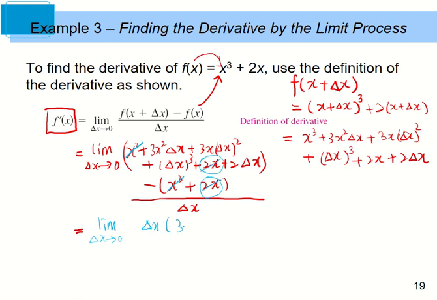So we have 3x squared plus 3x (delta x), we still have 1 delta x here, we still have 2 delta x here, and plus 2. All right, this delta x has been taken out. Then we have this one divided by delta x.